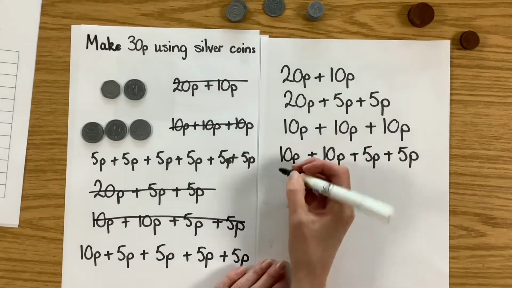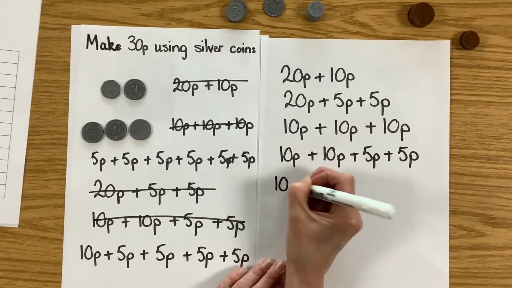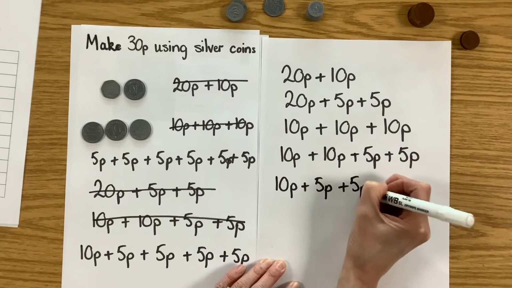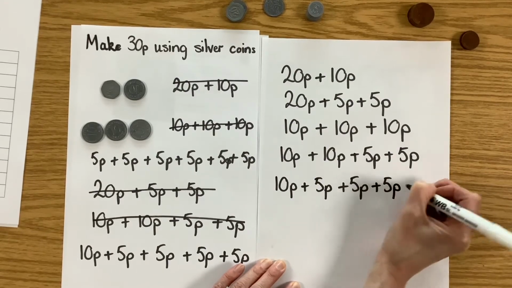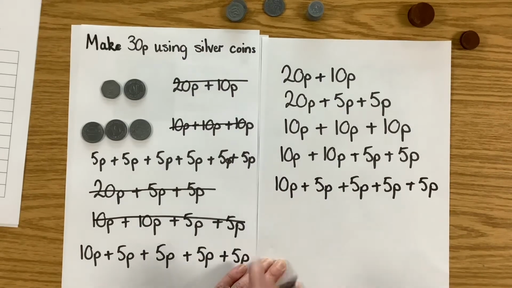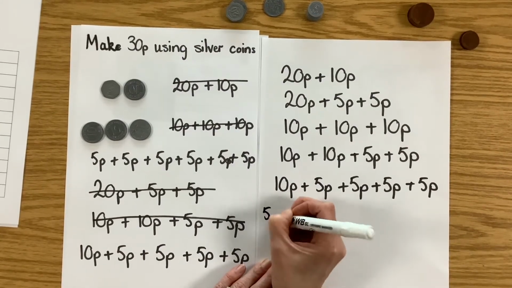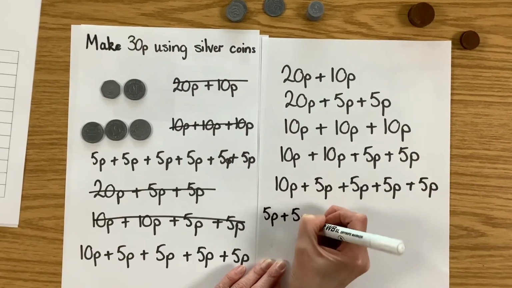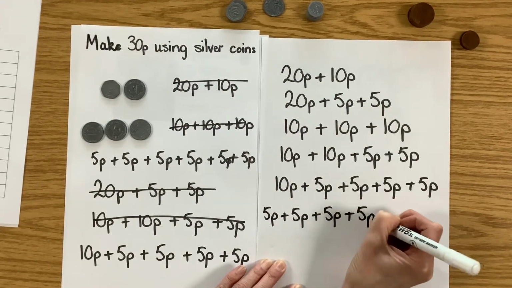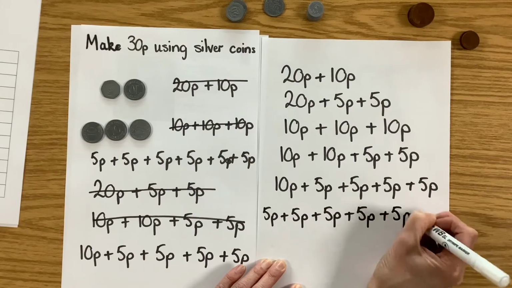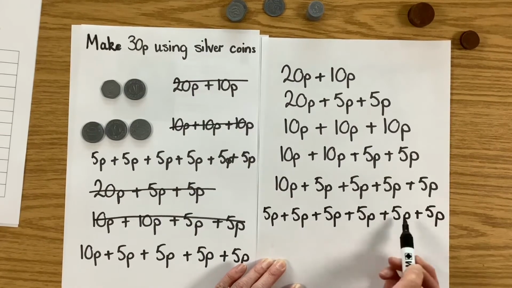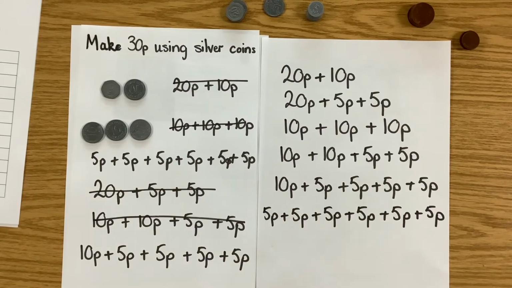Yes, there was. We could start off with the 10p and then have the 4 5p's. And then for the last one, take that 10p, swap it for 2 more 5p's. And altogether, you'll end up with your 6 5p's to make 30p. 1, 2, 3, 4, 5, 6. So 6 5p's make 30p.